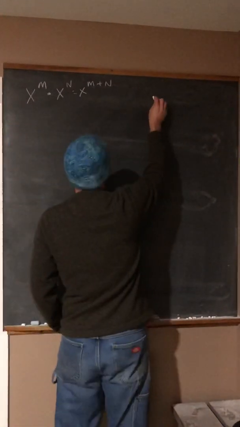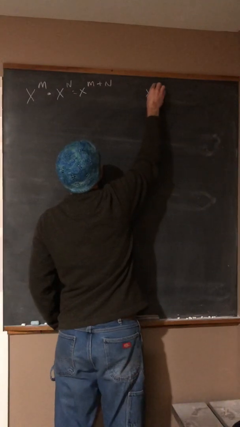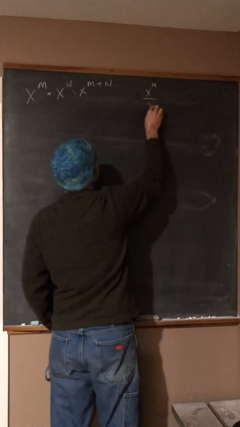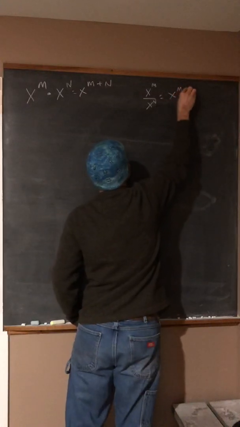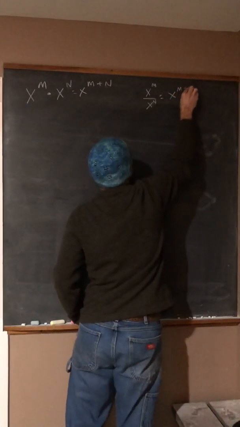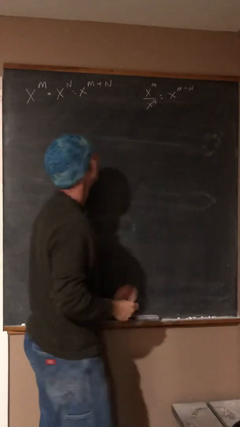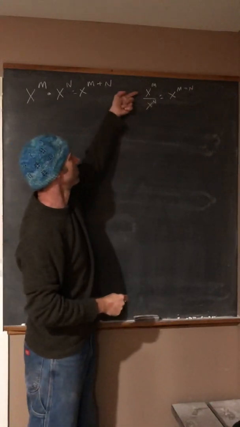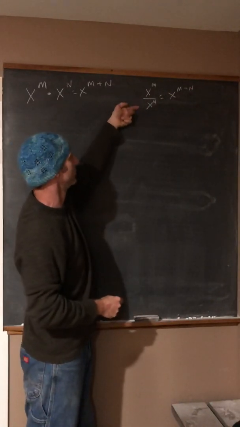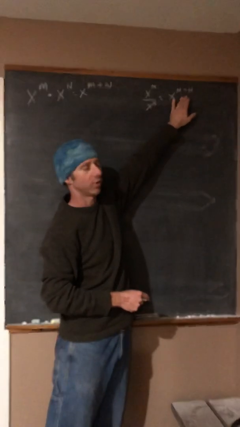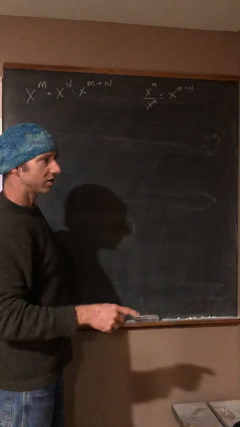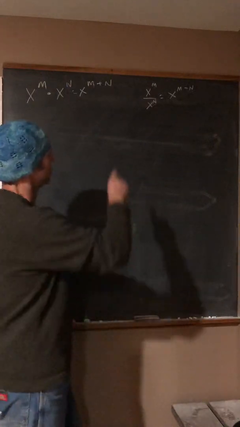And it's also x to the m divided by x to the n equals x to the m minus n. Again, same idea. In this case, we have a quotient, a division, and we subtract the exponents. Logs follow that, and we can actually derive those.